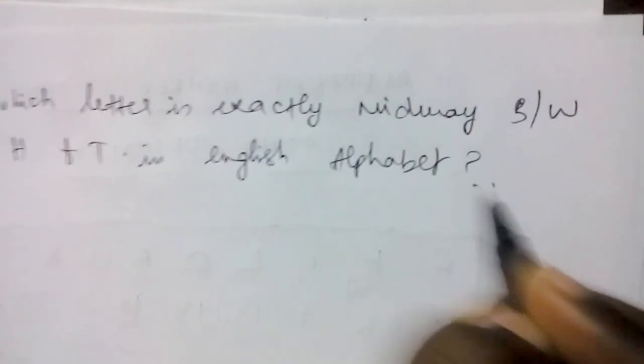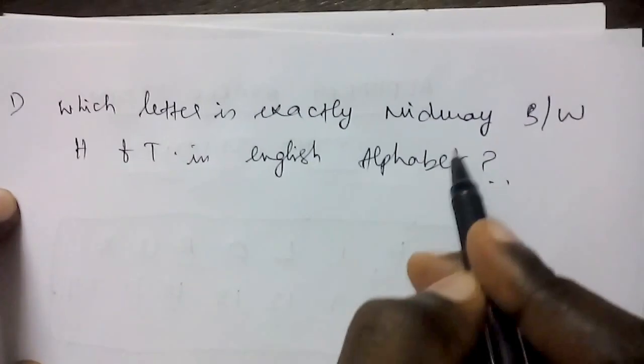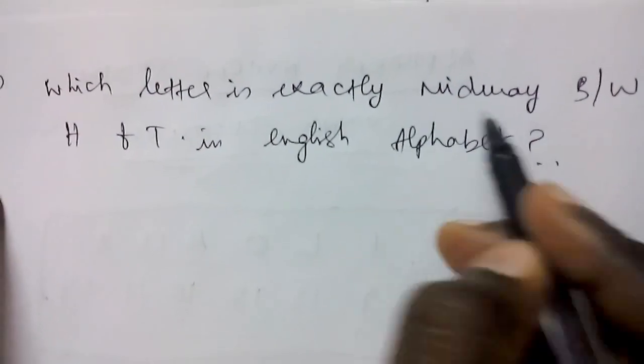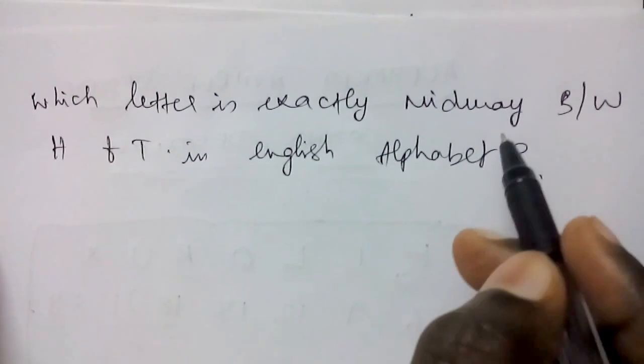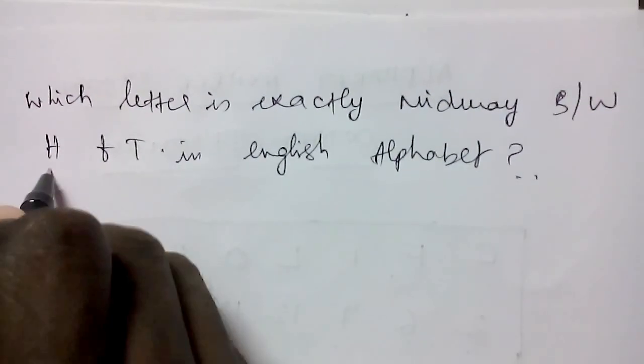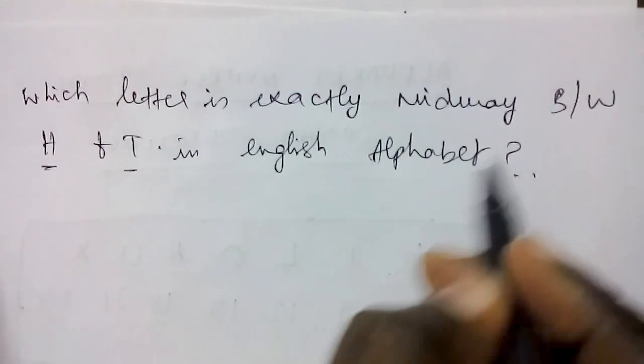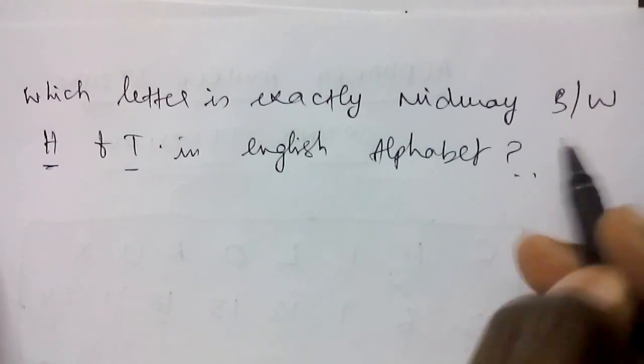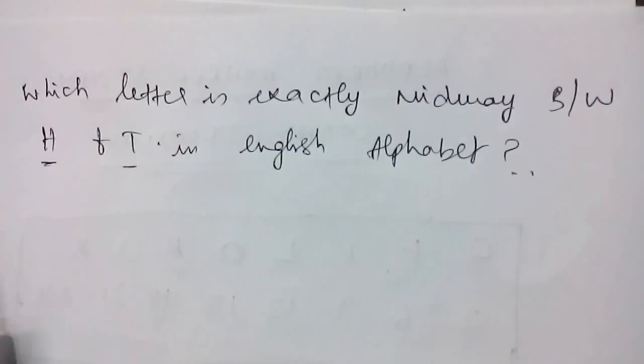This is the question. Which letter is exactly midway, that is the mid position? They are asking what is the alphabet which appears between H and T and which holds the mid position. Okay, this is the question.